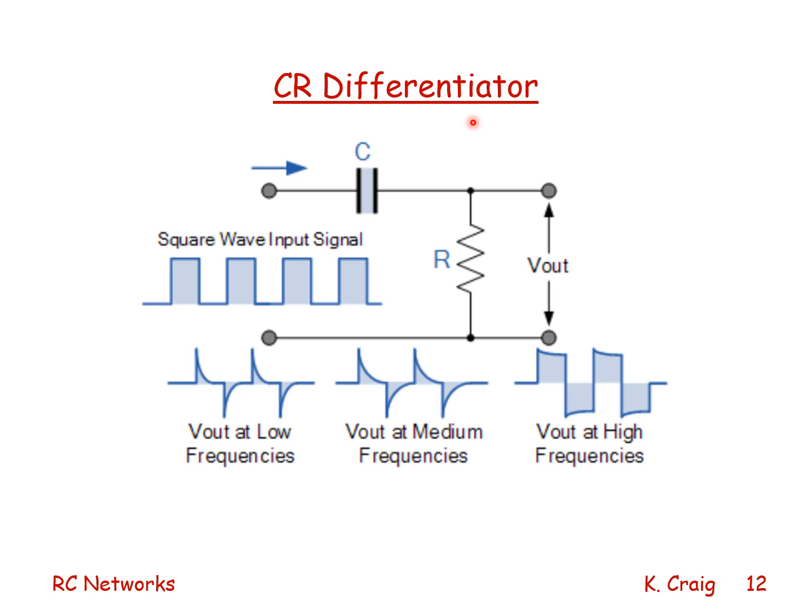The bandwidth is 1 over tau in radians per second, and tau is R times C. So at low frequencies, when I input a square wave at a frequency below 1/10 of the bandwidth, the derivative of the square wave, or the step, is an impulse, and I see the impulse response.